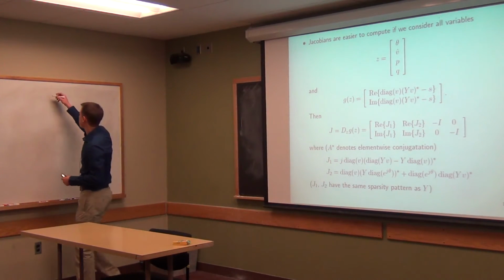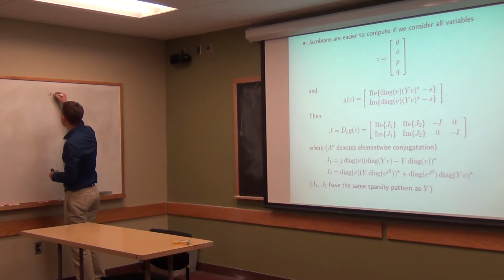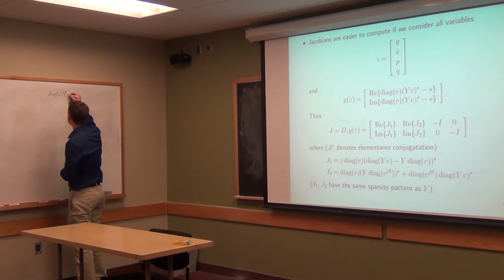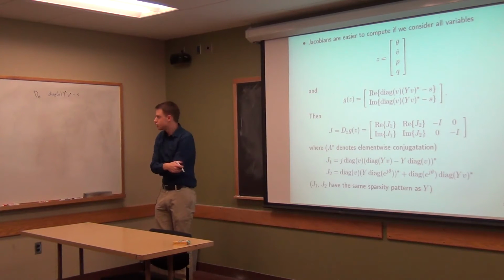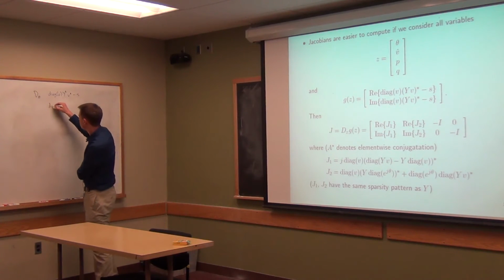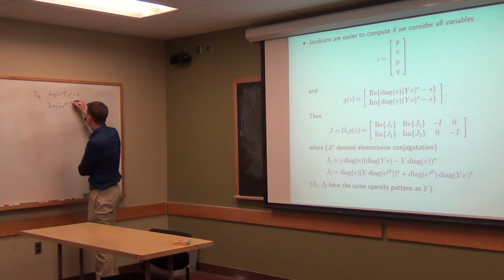So you have some term like diag v, y star v star minus s. Let's take the derivative with respect to, say, theta. So let's write diag v as v hat e to the j theta, y star.